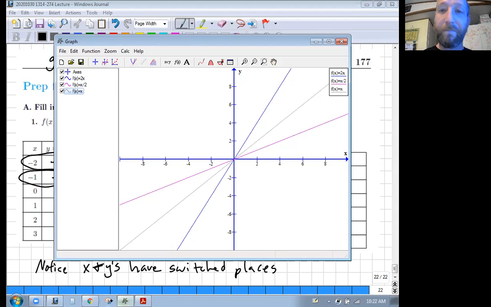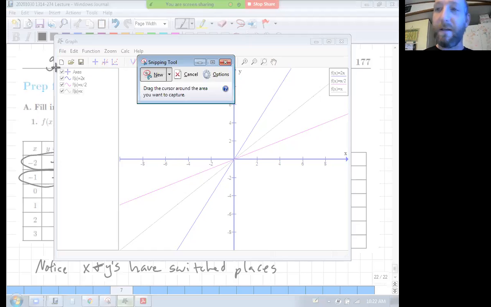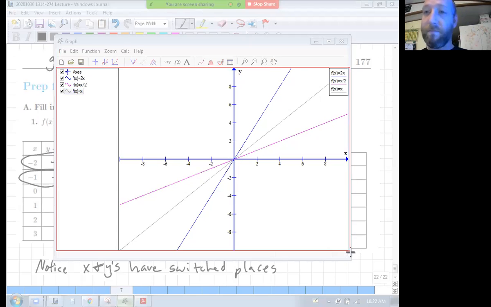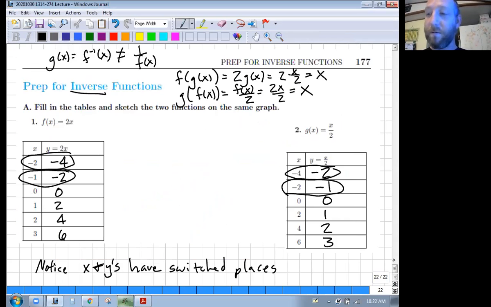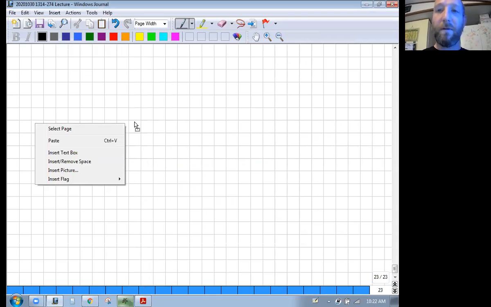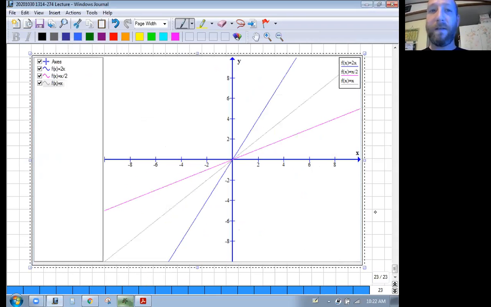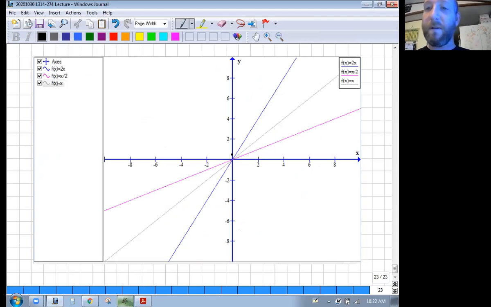Again, 2x goes through the origin. If I go over 1, I go up 2. 2 times 1 is 2. 2 times 2 is 4. 2 times 4 is 8.